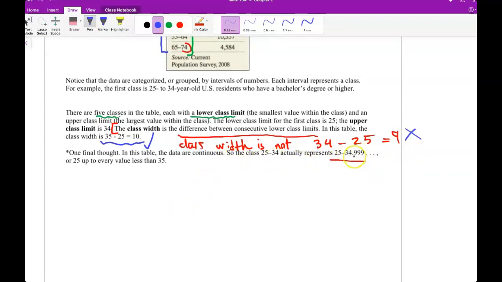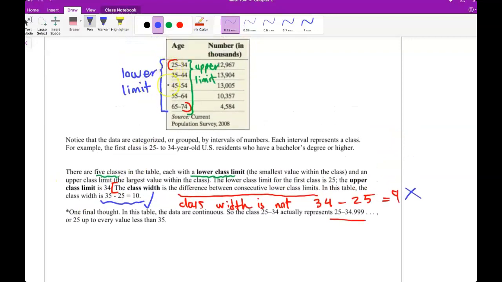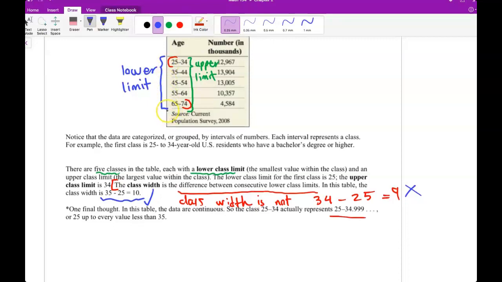This means that we have continuous data. We may have 34.90, 34.91, 92, 99, and so on. For all of these, it doesn't matter which one you choose, class width is always equal to 10.